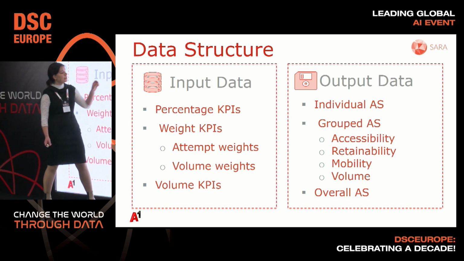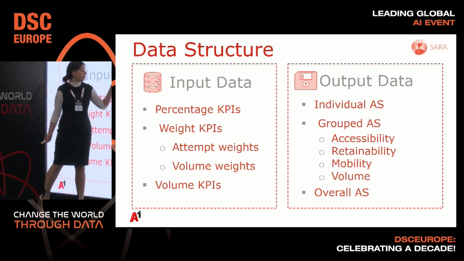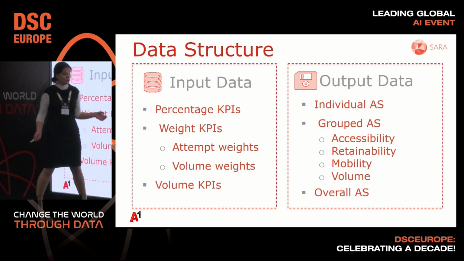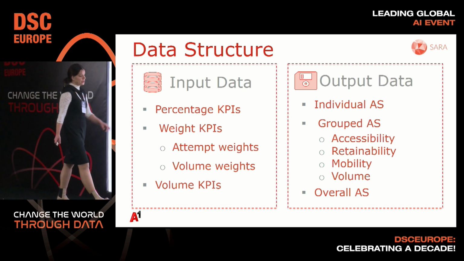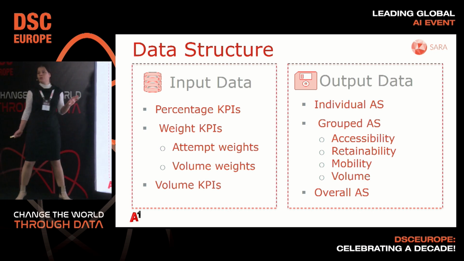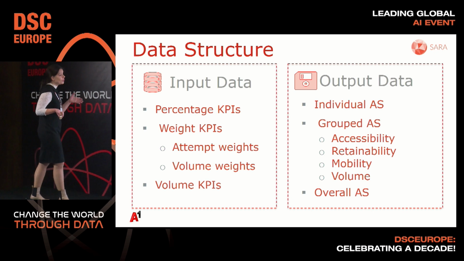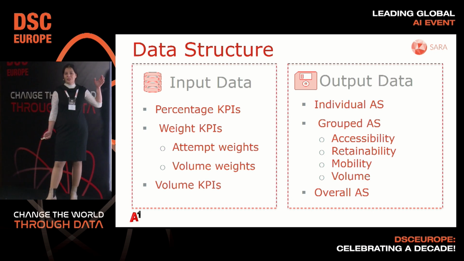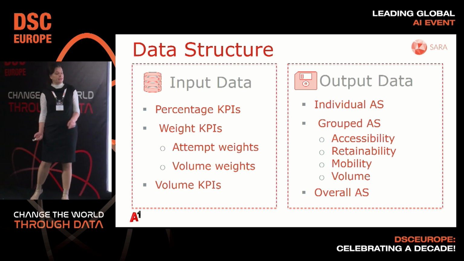They are calculated from a group of individual anomaly scores. And finally, we will have an overall anomaly score obtained from the grouped anomaly scores. Everything will be shown on our last slide, where we will show how it looks on our graphical user interface and how our end users, our radio engineers, can see the results.